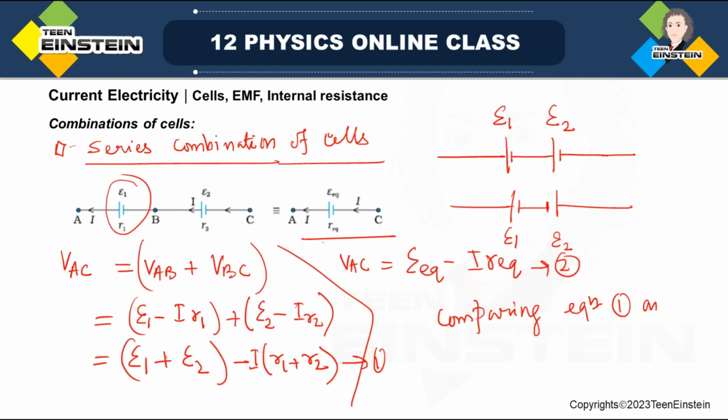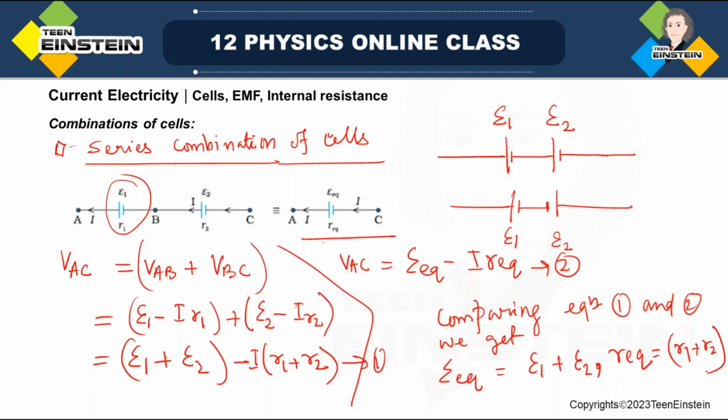We get E equivalent equals E1 plus E2, and R equivalent will be R1 plus R2, right? So these are the two things we have got.